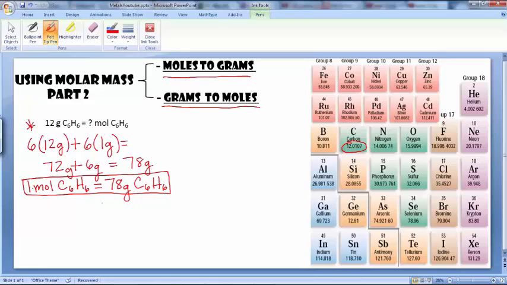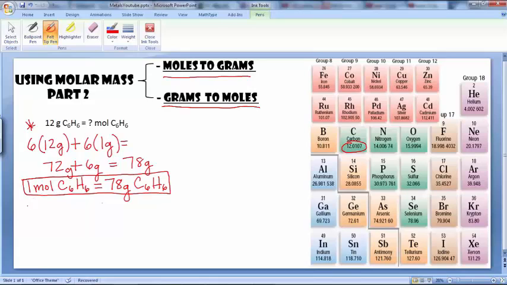Recall that I said that anytime we have this equivalency involving an equal sign, this equation, we can use it as a conversion factor. This is done the exact same way in your textbook.